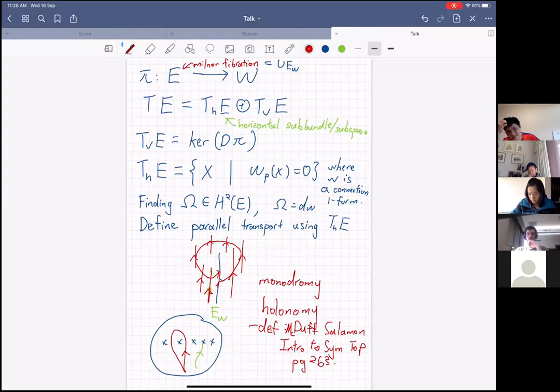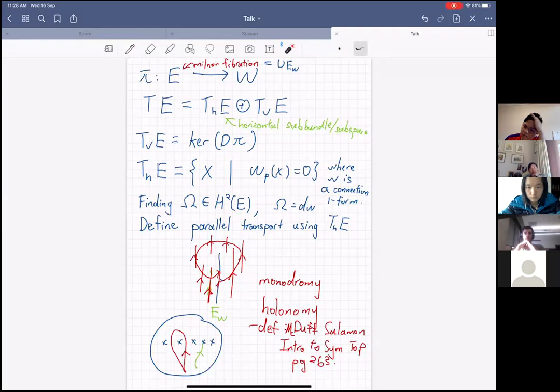Brian, what I don't understand is this part here, how you actually lift this thing, how you actually do this parallel transport. You're starting with a point, and then you have vector fields along the loop downstairs. At each point you have a horizontal, so you look at the corresponding horizontal vector fields on each fiber.